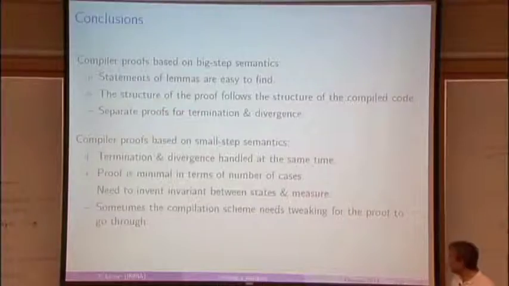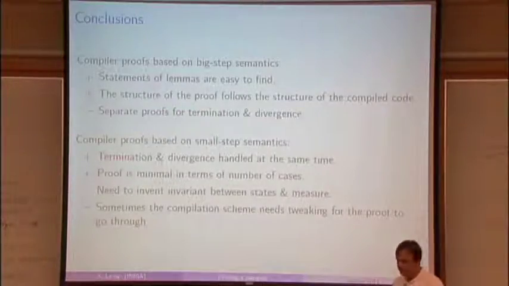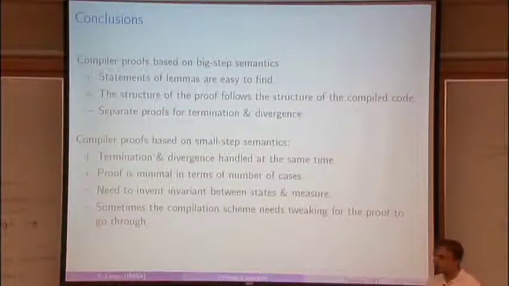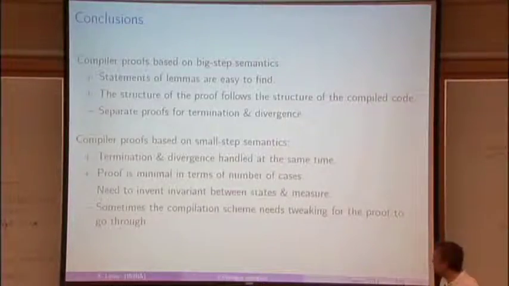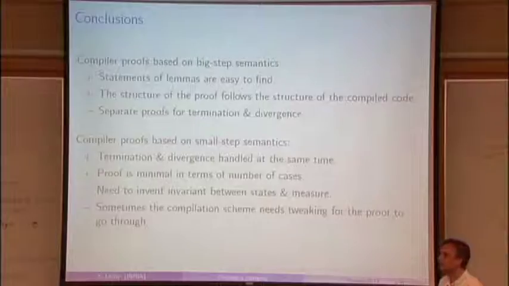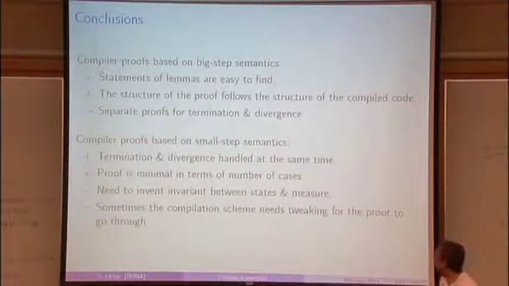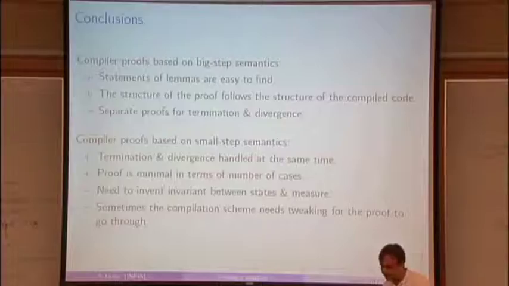So you need to invent more complicated invariants between states. You need to invent decreasing measures. Sometimes it's hard. And sometimes, when you're really unlucky, you need to tweak your compilation scheme a little so that the proof will go through. While I found proofs based on big step semantics slightly more resistant in this respect.